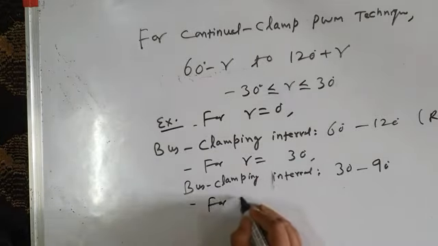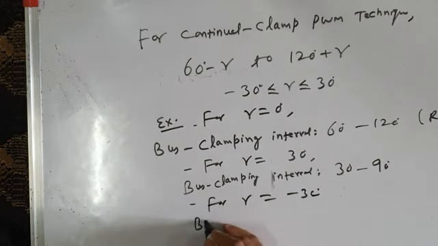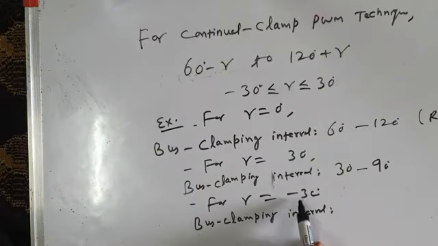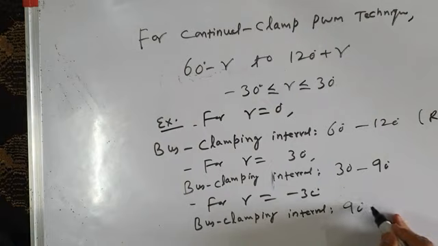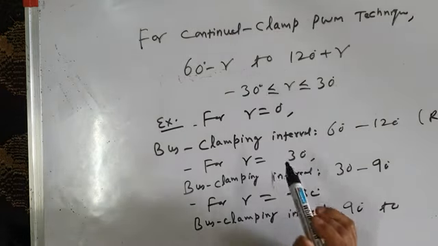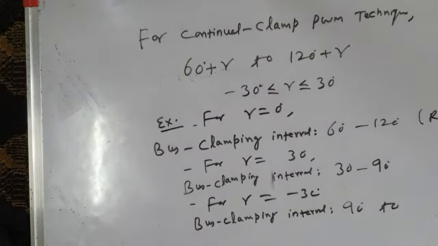And if you take gamma equal to minus 30 degrees, the bus clamping interval will be 60 minus gamma, 60 minus minus 30, that is 90 degrees, to 120 plus 30 is 150 degrees. Sorry, it should be 60 plus gamma, not 60 minus gamma.